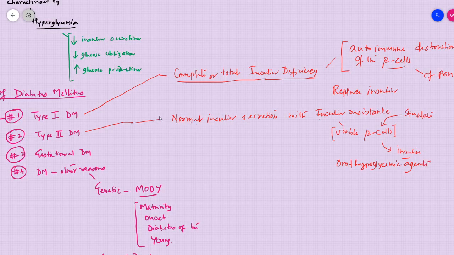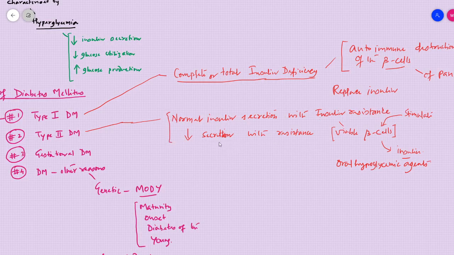Okay, so the spectrum of type 2 diabetes mellitus ranges from normal insulin secretion with insulin resistance, to decreased secretion with resistance.